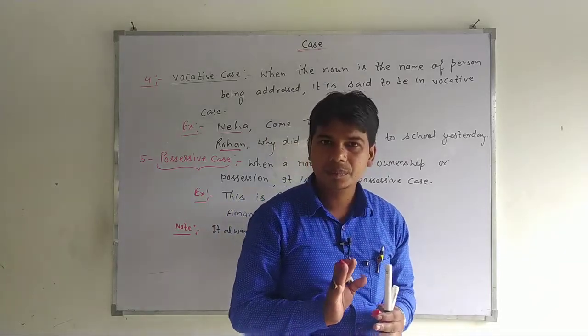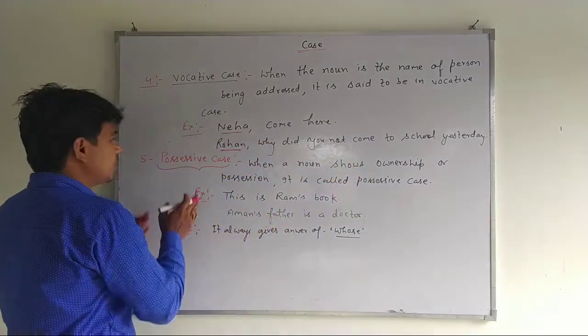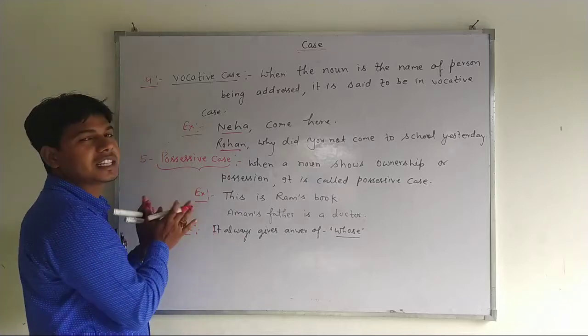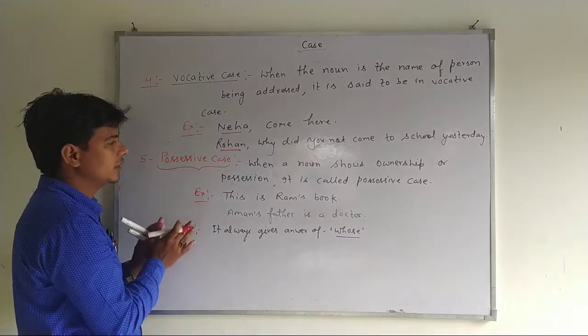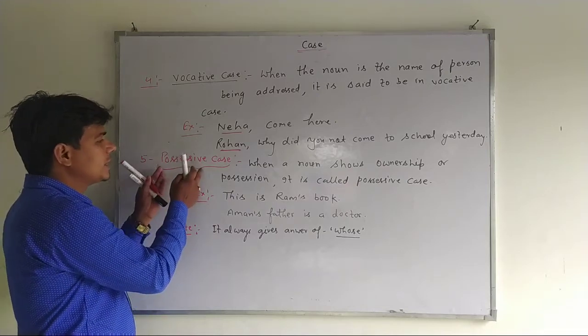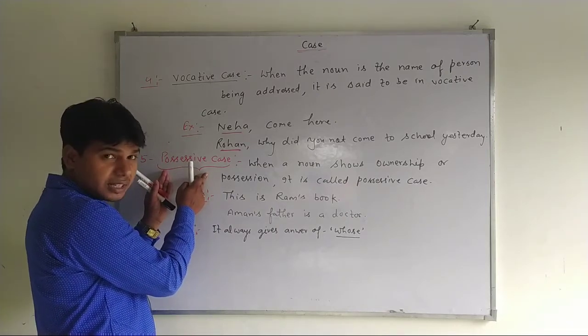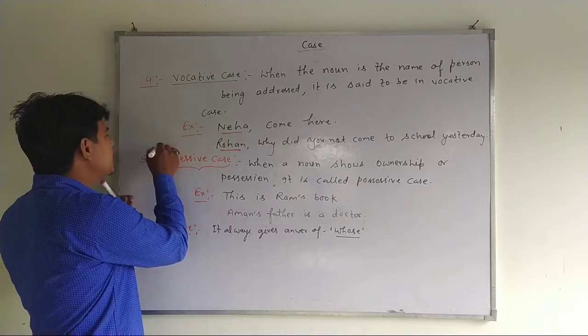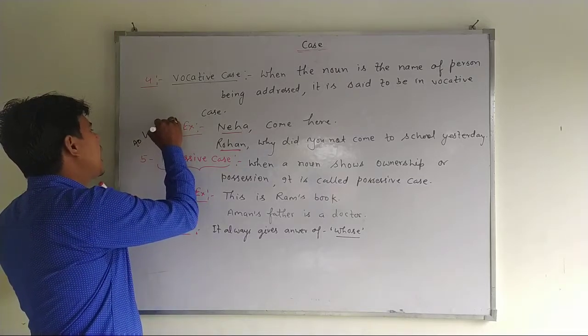Is it clear? Okay, now see the most important, possessive case. That is very important. What is a possessive case? I have told you already. Possessive case, so possession. Possessive case means to have.